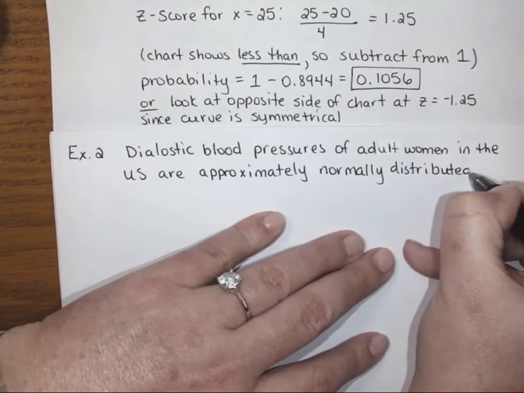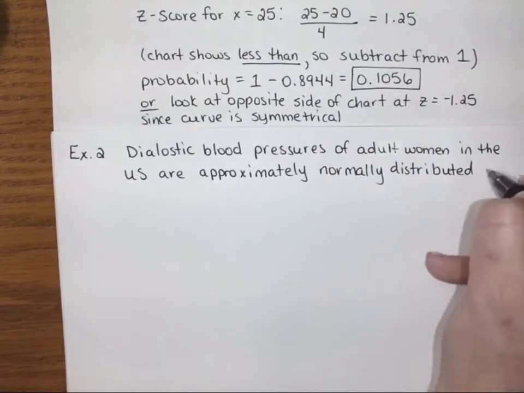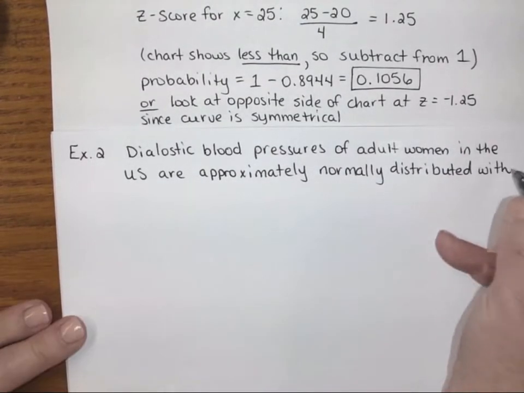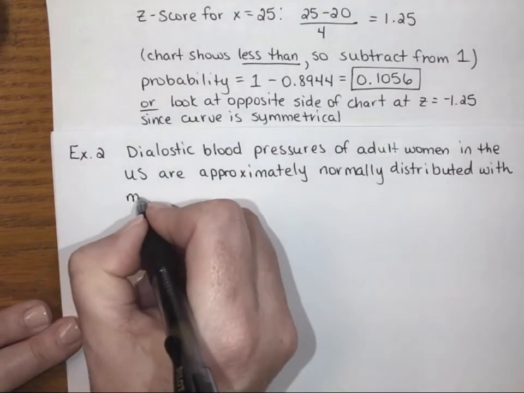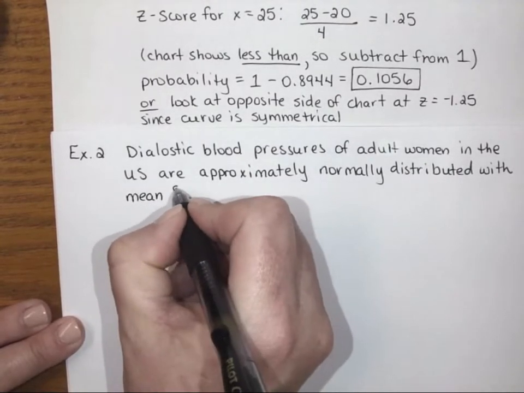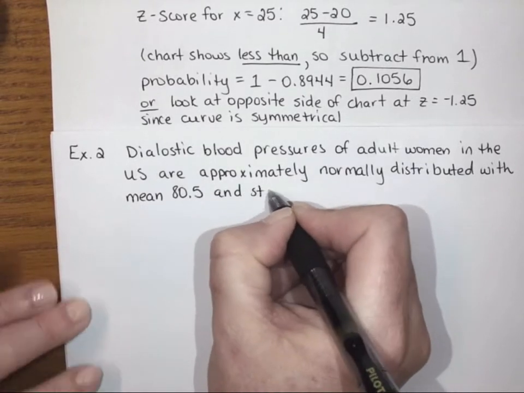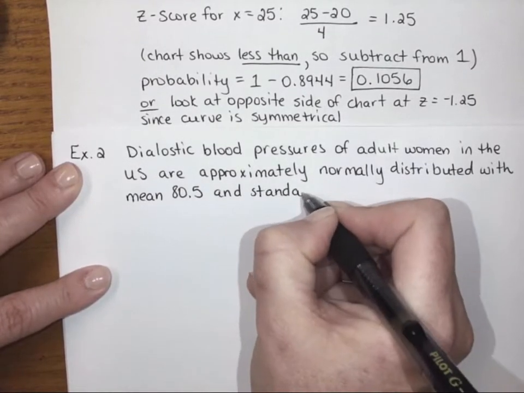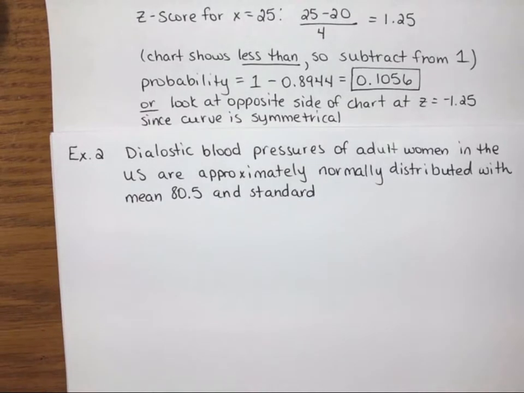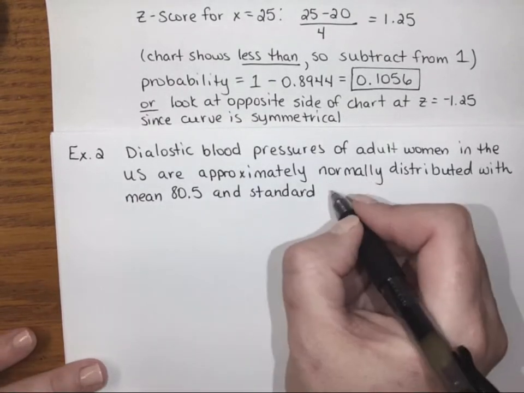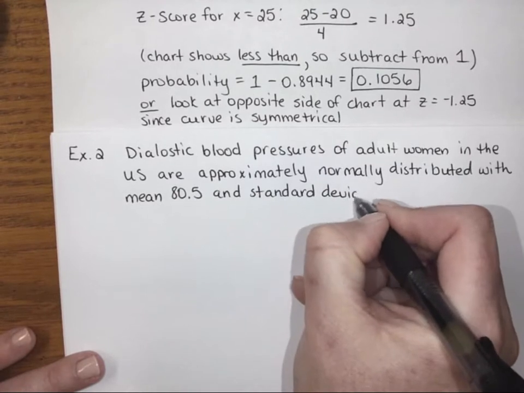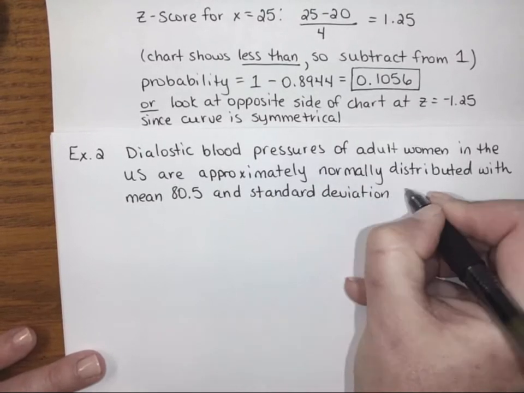So blood pressures are typically normally distributed as long as you have a group of people. You wouldn't lump men and women together because they have different blood pressure averages. All right, so let's say that all the women in the U.S. have a mean blood pressure of 80.5 with a standard deviation of 9.9.